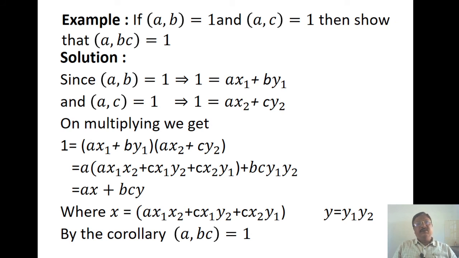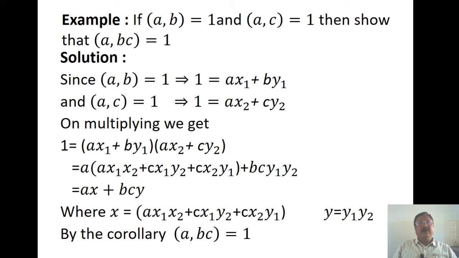Since A, B are relatively prime, 1 is equal to Ax1 plus By1, and A, C are relatively prime, so 1 can be written in the form of Ax2 plus Cy2, where x1, y1, x2, y2 are integers.